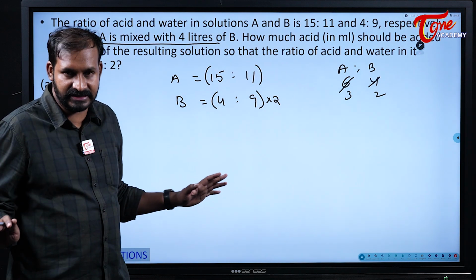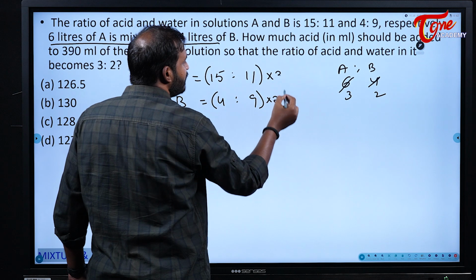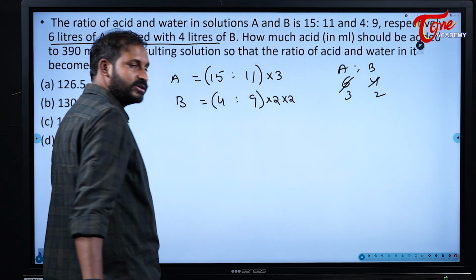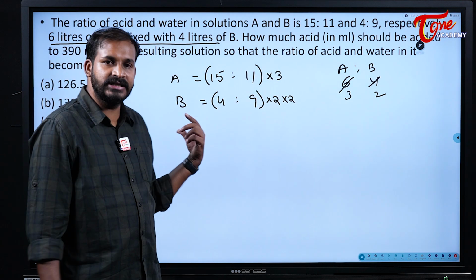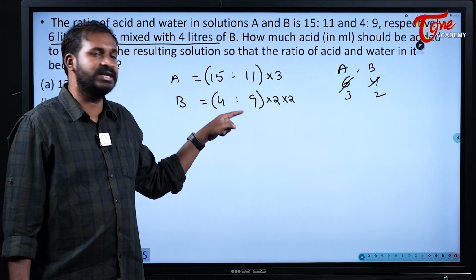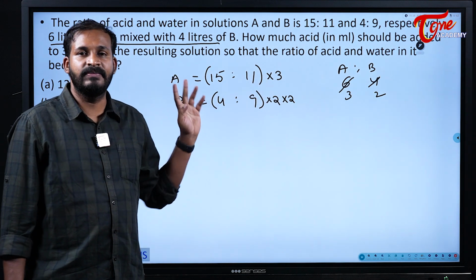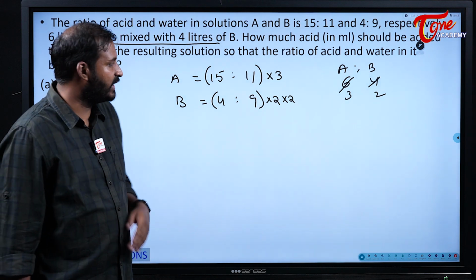Now it is balanced. Now apply the ratio: A in 3 parts and B in 2 parts. In the previous question it was already balanced, so there was no need to balance. But in this question it is not balanced. First of all, we should balance and then multiply with the ratio.